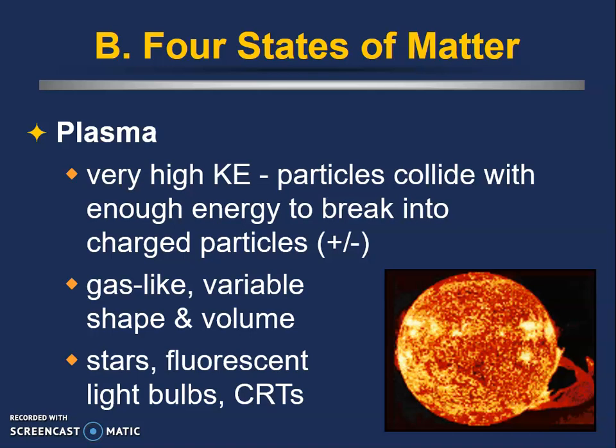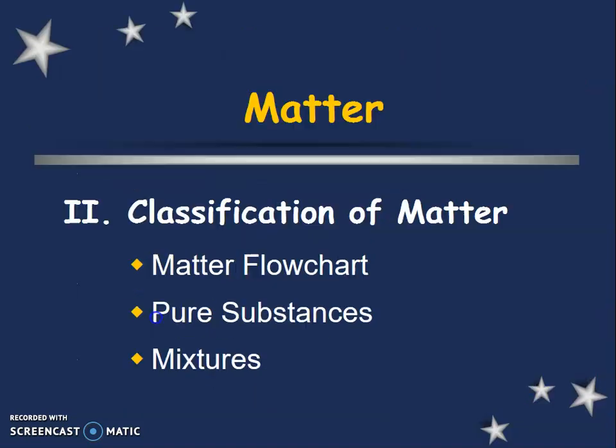Where can we find plasma? We find it in stars and in fluorescent light bulbs. And CRTs, those are the little tubes that were in the super old big box style TVs. Very, very high energy, such high energy that the particles colliding actually break.